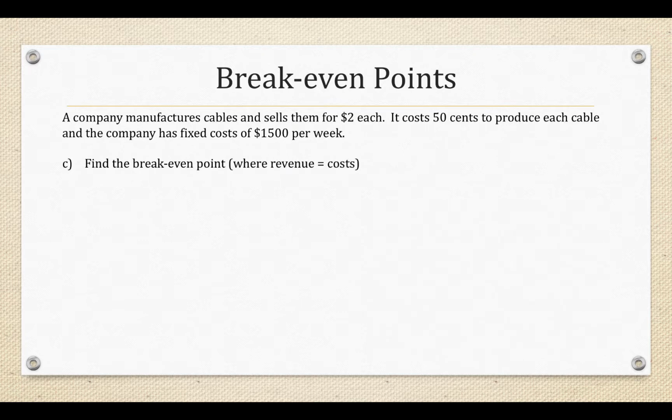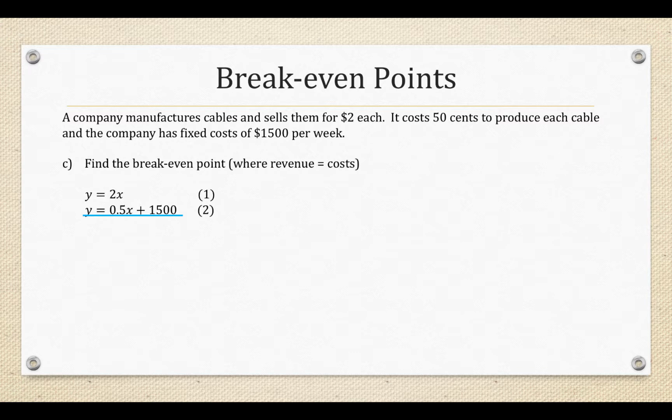Next, we need to find the break-even point, so where revenue is equal to cost. That is a simultaneous equation. So our first equation, the revenue, is y equals 2x, and our second equation is y equals 0.5x plus 1,500. We're going to solve this simultaneously.